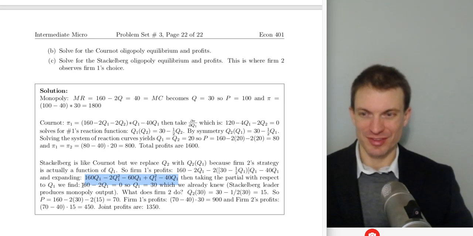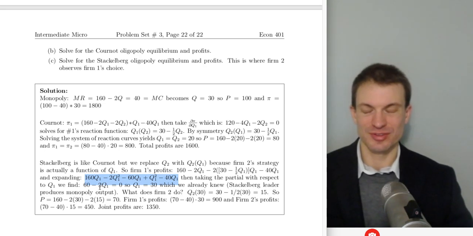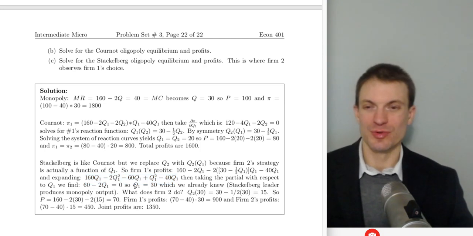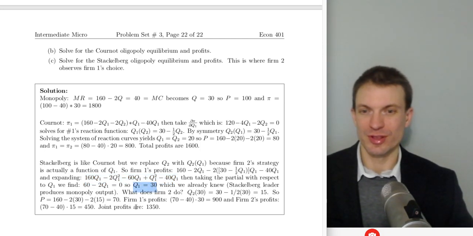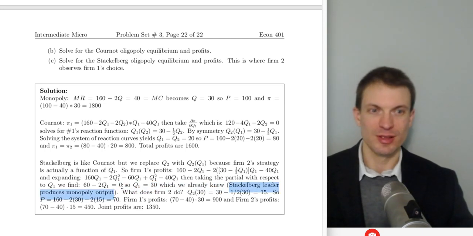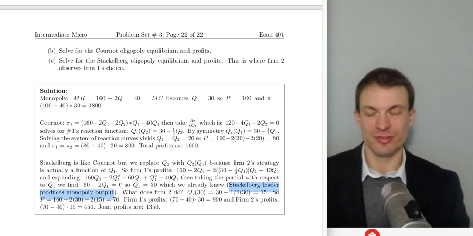Take the derivative, that's just 60. And then I'm going to have a minus 2Q1 squared plus Q1 squared. So this is going to be just minus Q1 squared. Taking the derivative, I get 60 minus 2Q1. And so we find the quantity is 30, which we already knew. Why? Because our Stackelberg leader is going to produce the monopoly output when we have the symmetry like we do in the Stackelberg problem.